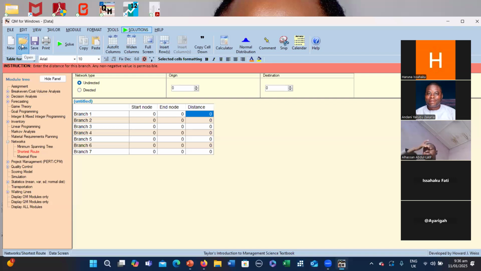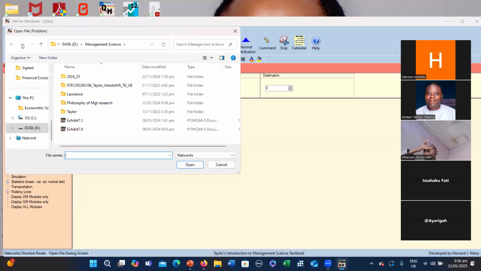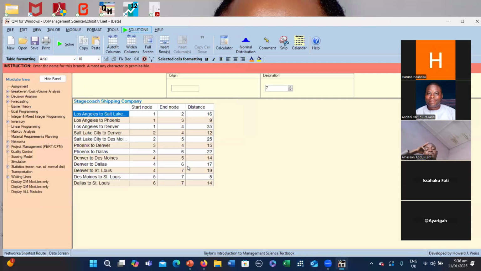But I already shared, so this one is already entered and I shared with you, that's Exhibit 7.1. So I'm opening it up. This is what we are dealing with.